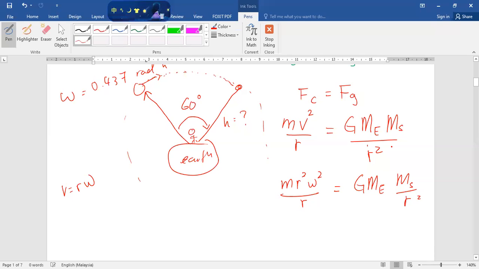Don't forget the square. Okay, ladies and gentlemen, from here, we can use the formula. What is GM_E? GM_E actually is equal to g R squared, right? So replace into the formula.